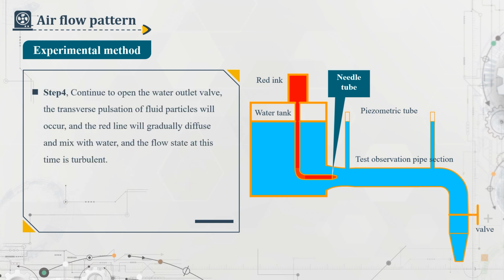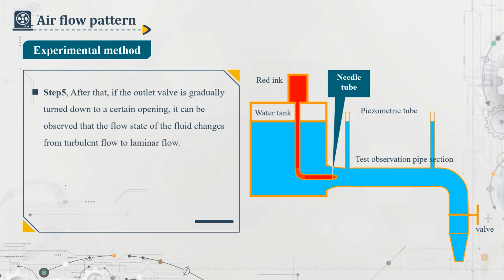Step 4. Continue to open the water outlet valve. The transverse movement of the fluid particles will occur, and the red line will gradually diffuse and mix with water, and the flow state at this time is turbulent. Step 5.